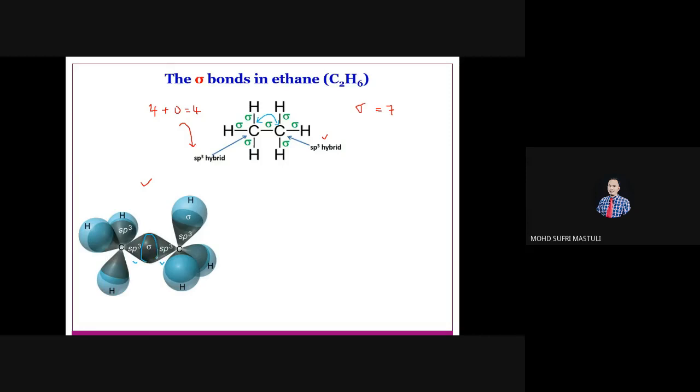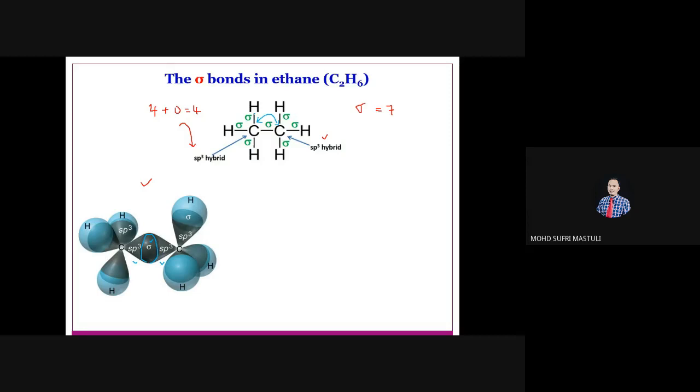The region that has electrons is the overlapping area. We label it as a sigma bond because it is a single bond.